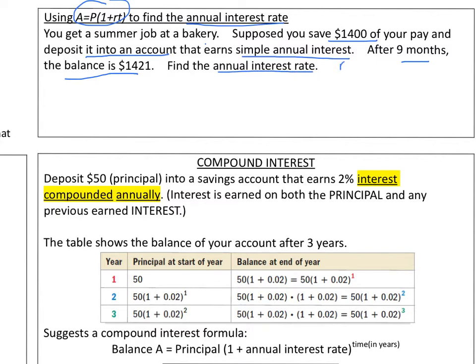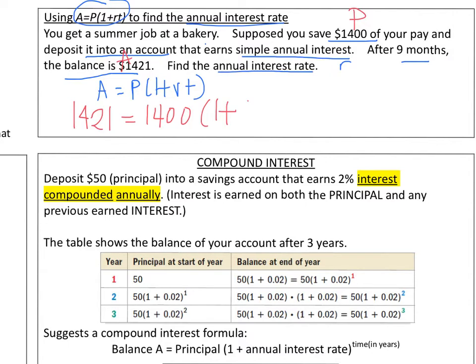So we're looking for R. Let's take the formula A equals P times (1 plus RT). A will be 1421, the new balance, and P will be your principal, the amount you put in the bank in the beginning, 1400.